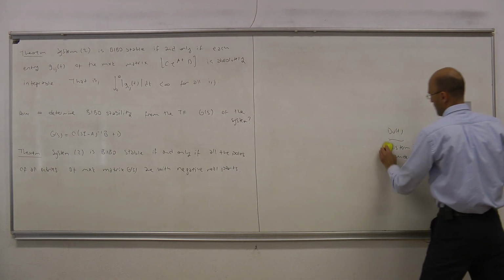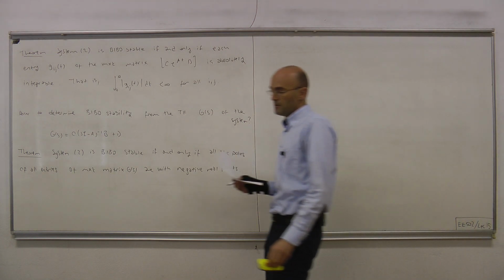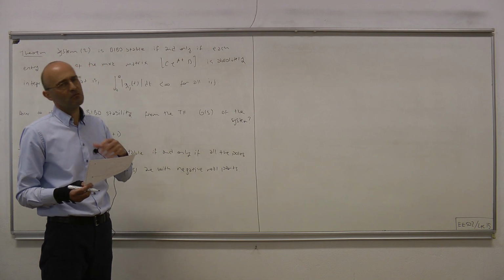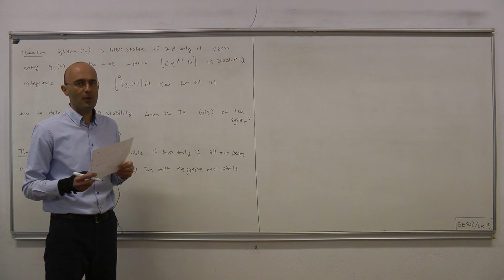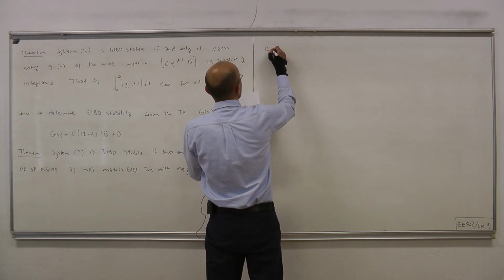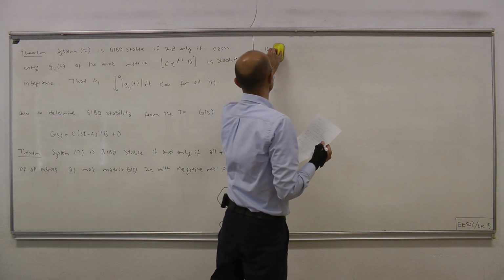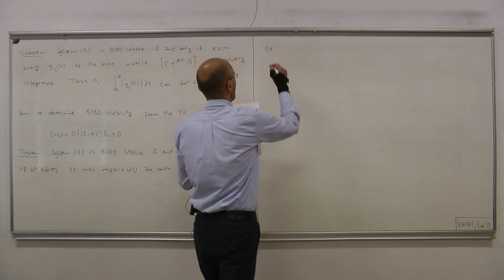So that seems to suggest that looking at the eigenvalues of the A matrix may, or sometimes may not, tell us something about the bounded input, bounded output stability of the system. For that, let's recall the following relation.